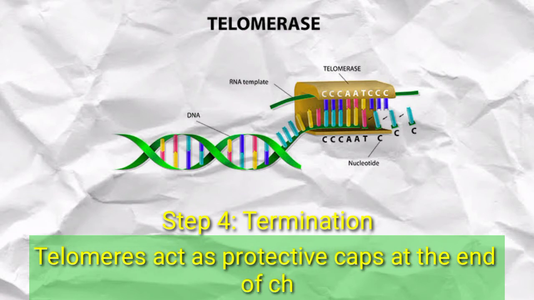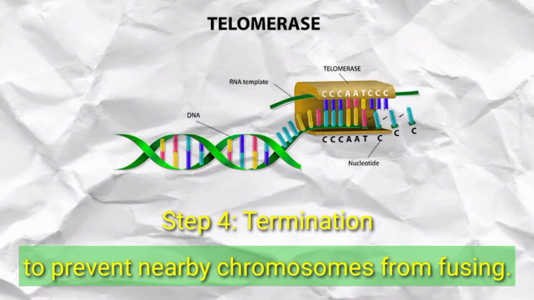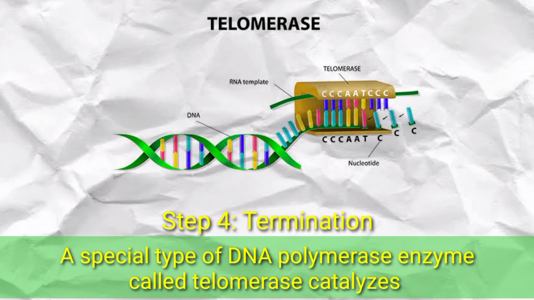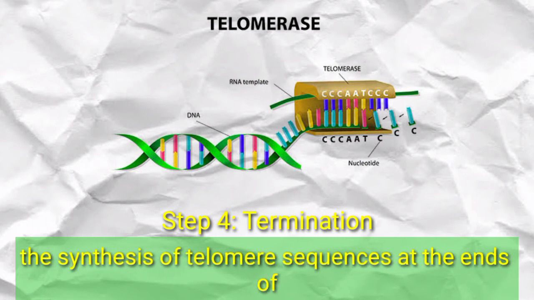Telomeres act as protective caps at the end of chromosomes to prevent nearby chromosomes from fusing. A special type of DNA polymerase enzyme called telomerase catalyzes the synthesis of telomere sequence at the end of the DNA.